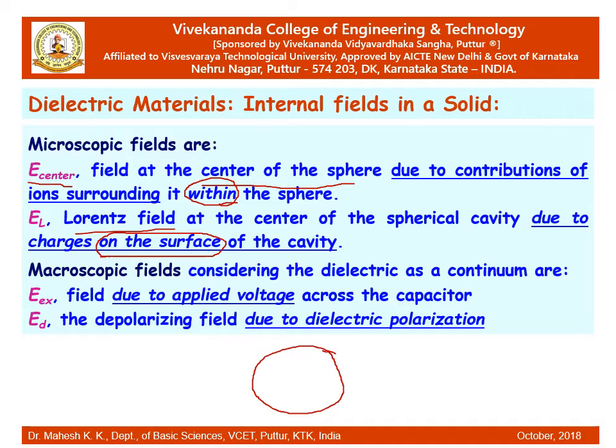This internal part, the green one, is the internal part, and the blue one is the external part. So now, due to the internal part, the green one, the charges are on the surface of the cavity.